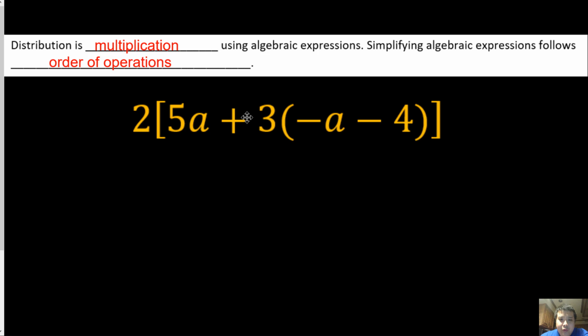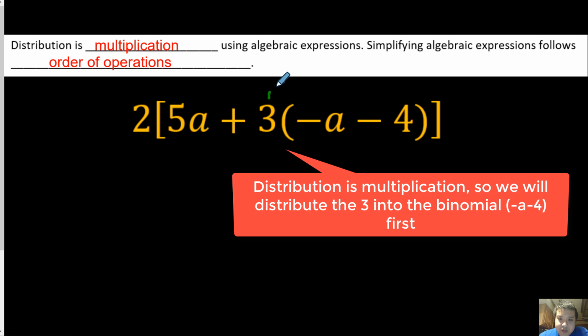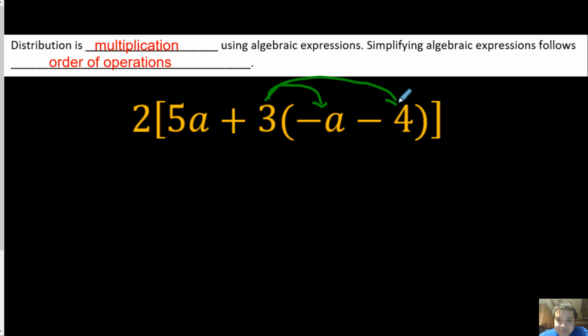Multiplication comes first in order of operations, and we have to do whatever operations are inside the bracket first. We can't do the subtraction inside the parentheses because they're not like terms, so we go to the bracket. We're going to distribute this 3 into this negative a first and this negative 4.